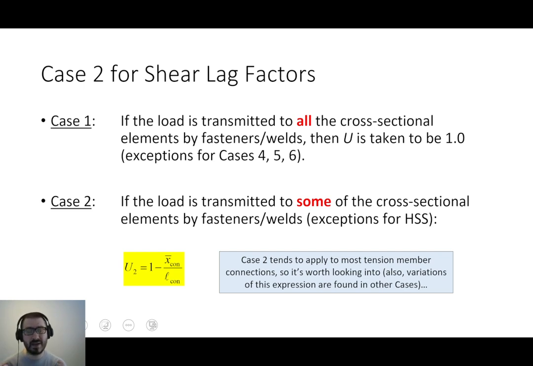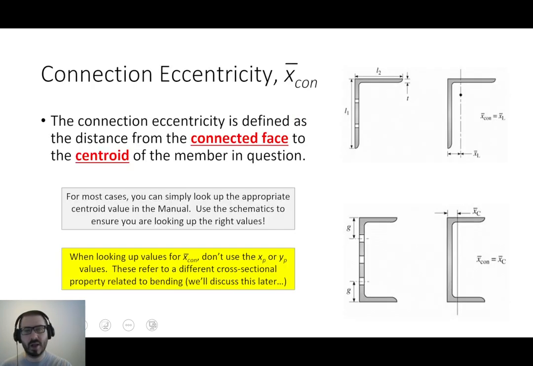I do that because I want to make sure that it's clear to you as the student what these terms represent, because they have very specific meanings. And case 2 applies to most tension members, so you really need to make sure that you understand what's going on with case 2.